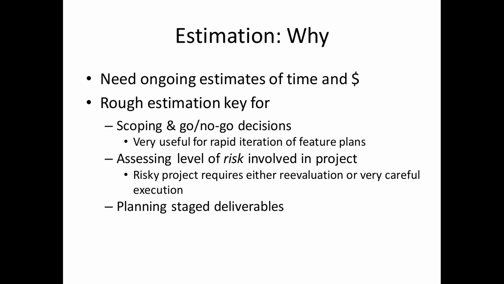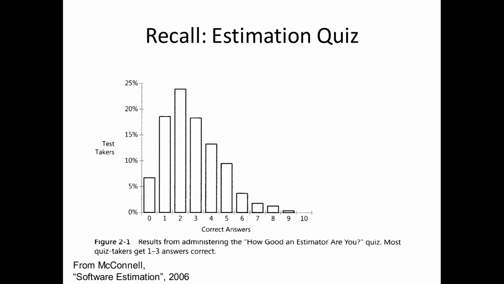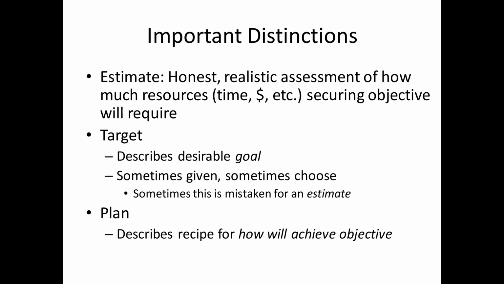to very projects. And this process of creating an honest, realistic assessment of how much resource, and particularly how much time securing some objective will involve, is a process that is therefore undertaken at the level of a few features in a given sprint of an agile process, or alternatively, at the level of a broader conception of a project, such as you have for this semester, trying to figure out, is that going to finish in time?